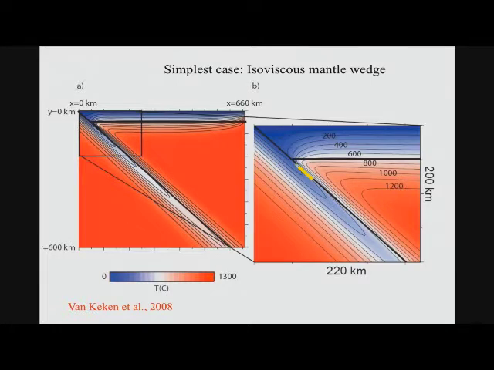Here's the first example of a solution. The benchmark grid was imposed to be down to 600 kilometers, 660 kilometers wide. We set up boundary conditions that people agreed upon, and we get this dipping cold slab at 5 centimeters per year. It's about average speed for a subduction zone, so we still advect a lot of heat into the subduction zone.